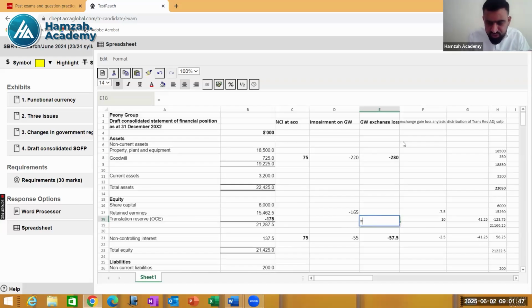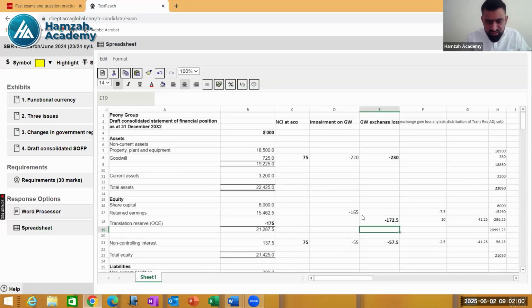75% of this 230 should be recorded against the translation reserve, which is 172.5, and 25% should be recorded against the NCI.